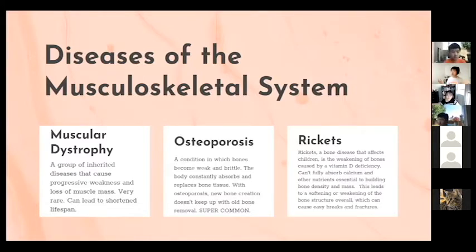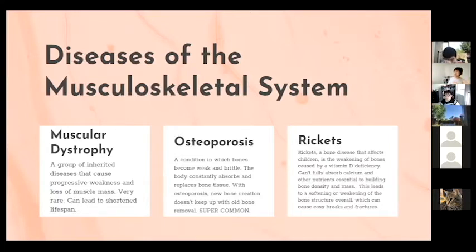And remember, some of the most important muscles are your vital organs. You can't breathe properly because some cells in your lungs are muscles. Your blood can't be filled and pumped with oxygen because your heart is a muscle itself, and you can't move anywhere. And in the end, you can't eat anything because your esophagus and stomach muscles fail. So this is why it can lead to shortened lifespan.